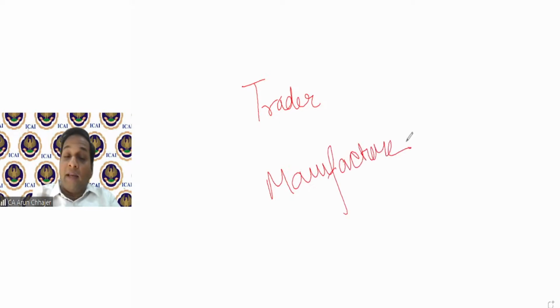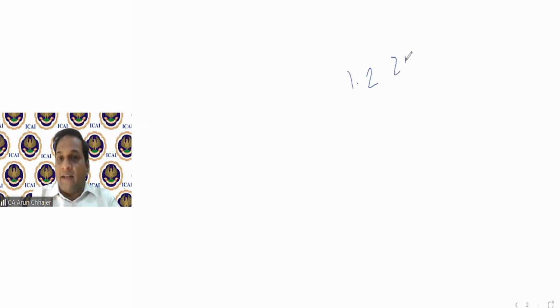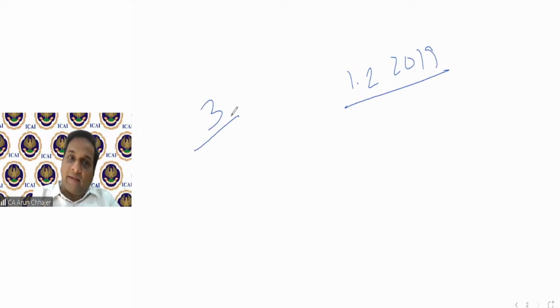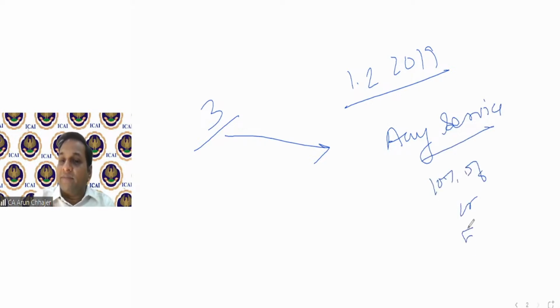And third, if you are a restaurant, you can opt for the composition scheme. On 1st Feb 2019, they said that in these 3 categories of supply, you can also provide any service, but a small amount. How much amount? 10% of the turnover or 5 lakh, whichever is higher.